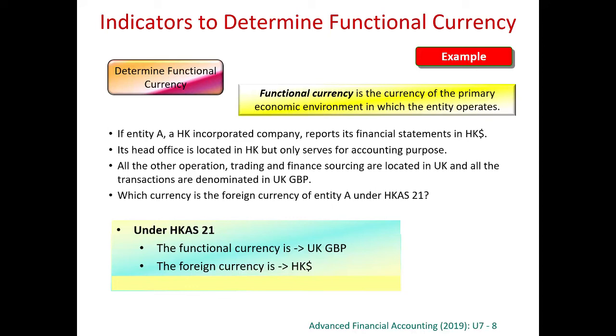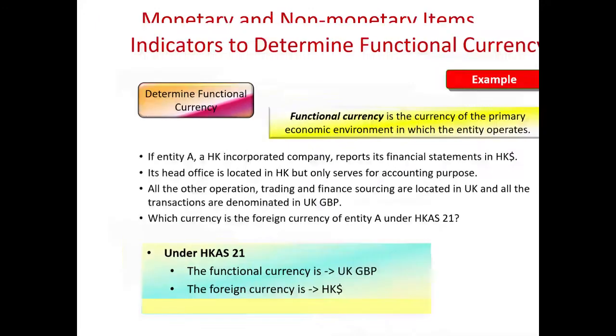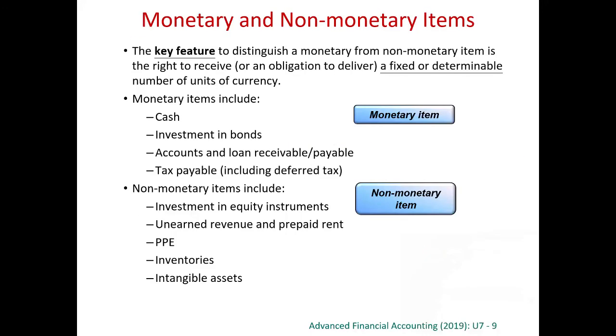If this is the case, obviously they are operating in UK pounds, so the functional currency is UK pounds. If the functional currency is the UK pound, then even transactions in Hong Kong dollar are foreign currency transactions. So now we know what the functional currency is.